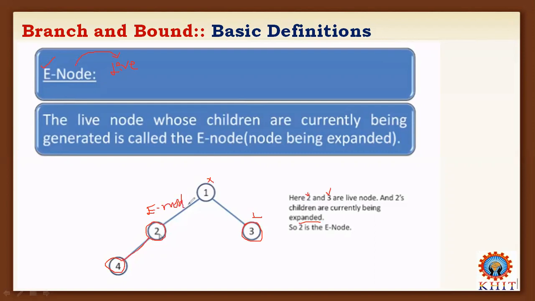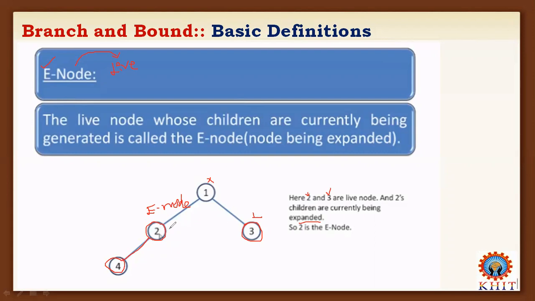Node 2 is considered as the E-node because node 2 is a live node, and it is a live node whose children, like node 4, are currently being expanded. That's why this is called an E-node. Node 3 is a live node.